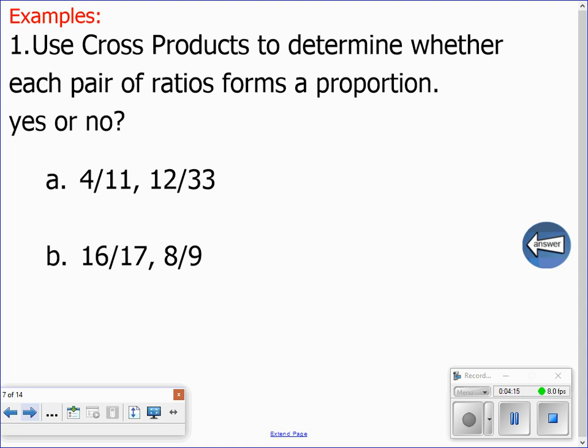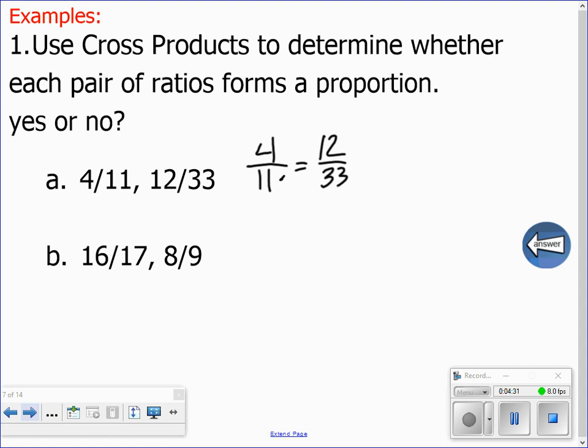We want to use the cross products to determine whether each pair of ratios forms a proportion. Remember that this property is called the means extremes property. So it's saying that the product of the means should be equal to the product of the extremes.